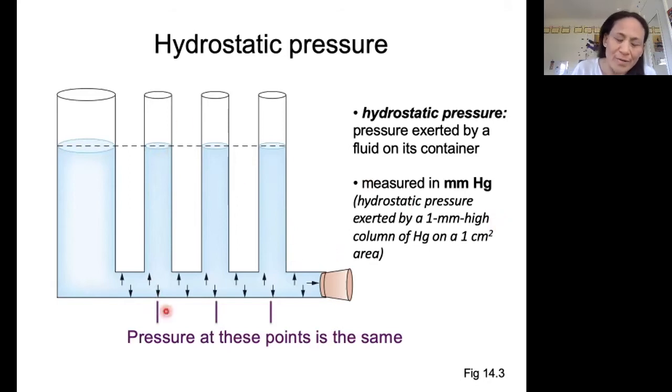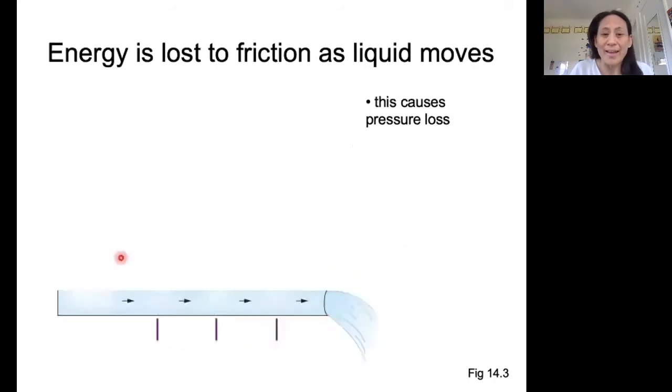All right, so let's take a look at what's going to happen. Notice that in this diagram, we have a stopper in the end of this tube right here. Let's imagine what happens when we take that stopper out. When we take that stopper out, we're going to get movement of water. That's actually due to a difference in pressure, which we're going to talk about later.